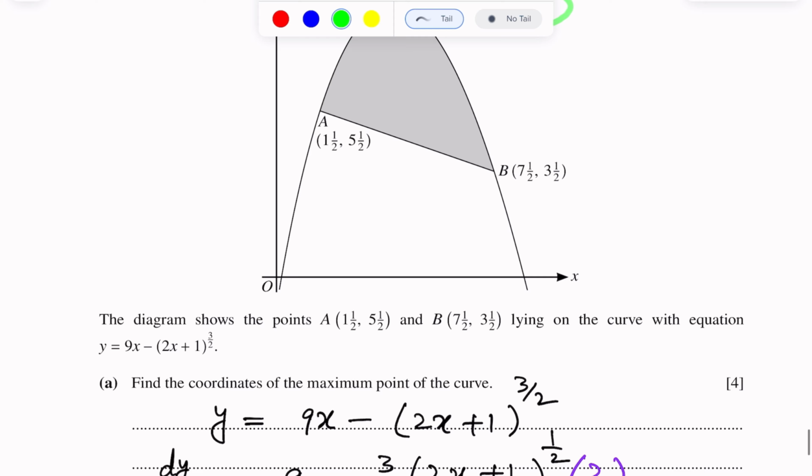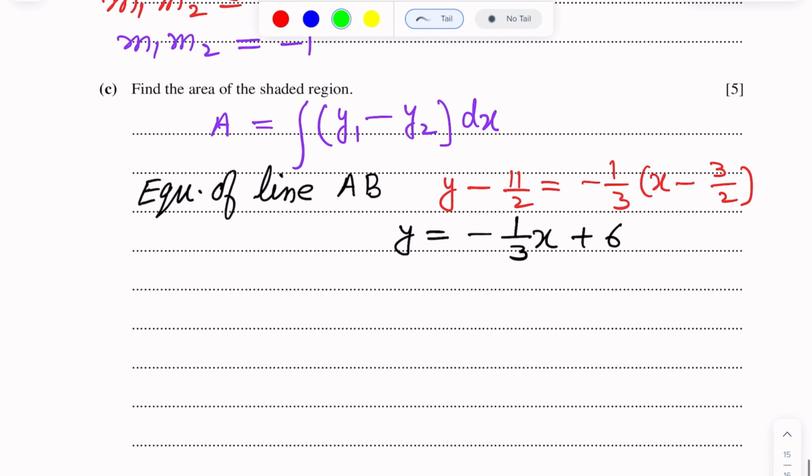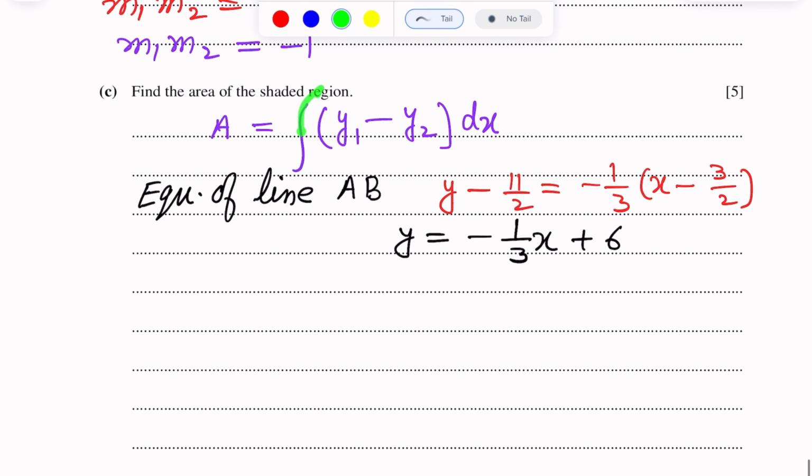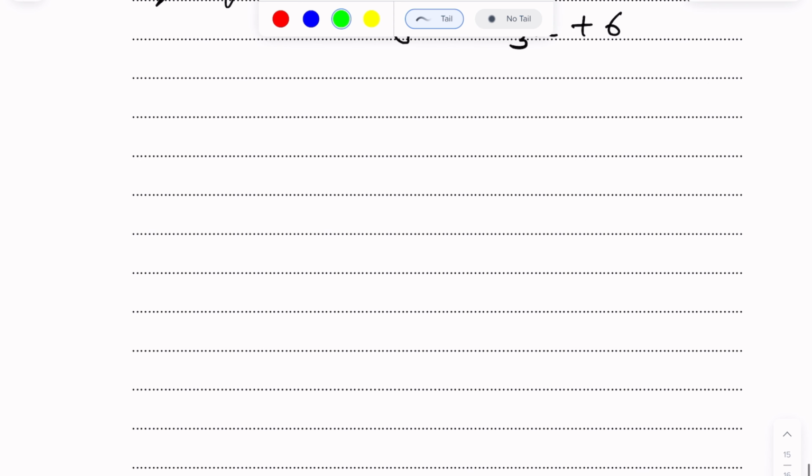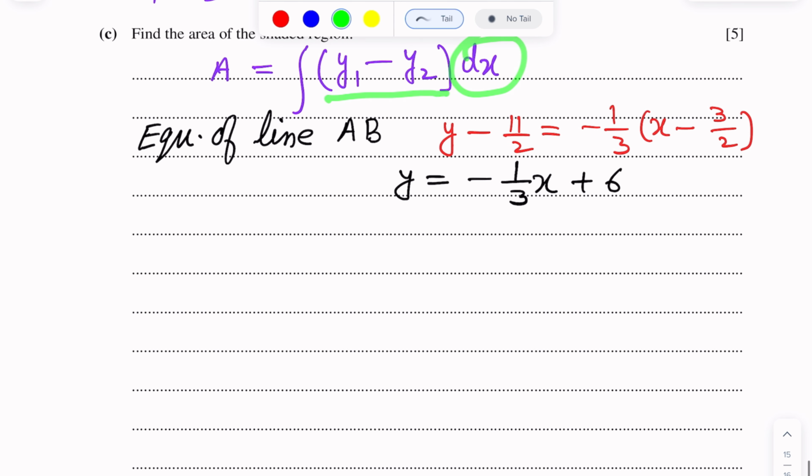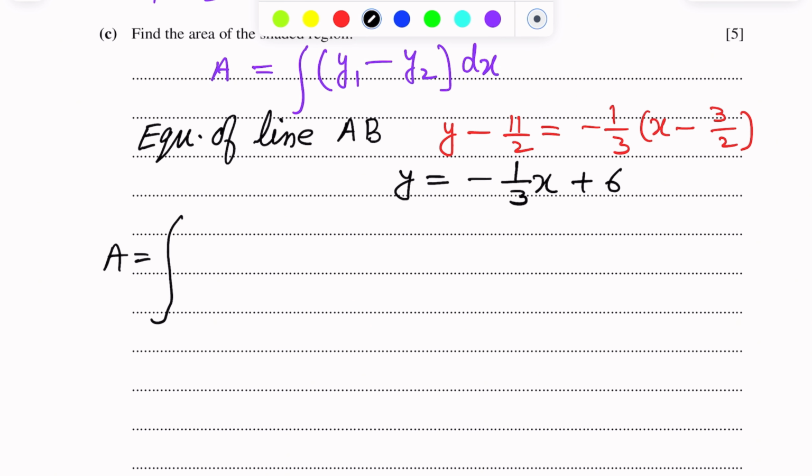So we are using here this formula, integration of y1 minus y2. We will integrate y1 minus y2 with respect to x. So area will be integration of y2.